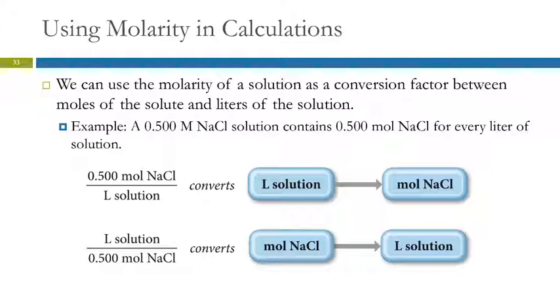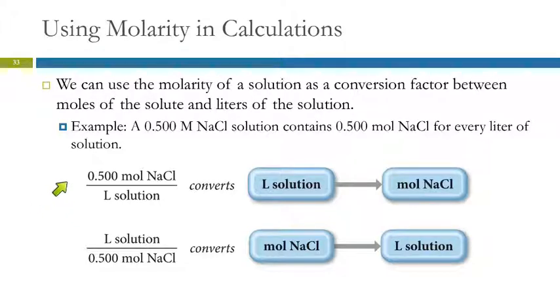When we do stoichiometry, we end up with this mole-to-mole thing in the middle because that's what we get from the chemical equation. The nice thing about molarity is once we've got that solution and we know the molarity, we can measure out a certain number of moles just by using the volume. So molarity is a conversion factor going between moles and liters.